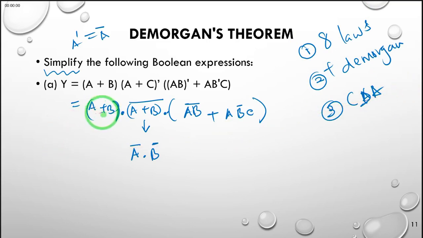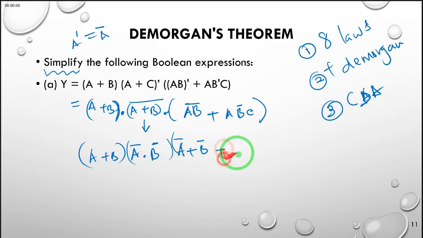What we know is that for A or B in brackets, you can open that bracket. I think I can also open this up for the sake of simplicity: (A or B bar), close the bracket, or A B bar C.